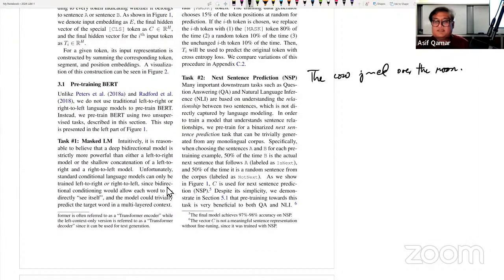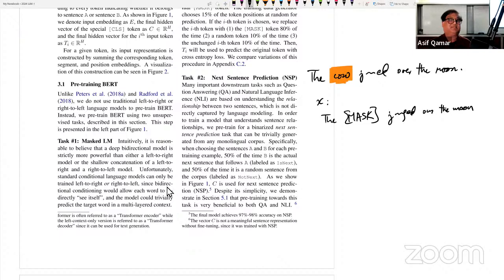You hide this word, so your input X becomes: mask, jumped over the moon. Mask is again a special token with its ID and therefore its unique vector. And what is your label? Cow. Cow is the answer.